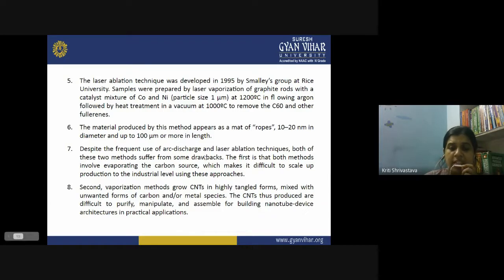So the CNTs thus produced are difficult to purify, manipulate and assemble for building nanotube device architecture in practical applications. After purifying the small amount of product I'm getting from these techniques, it is practically impossible to go for large scale production of nanotubes using these two methods. So these are the two basic disadvantages.